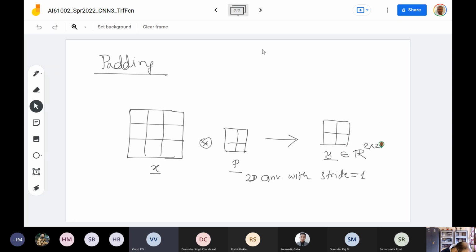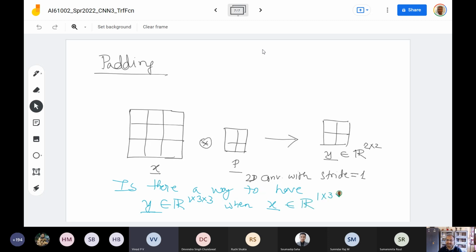Now, if I want, is there a way to have y belong to R to the power of 1 cross 3 cross 3 when x belongs to R power of 1 cross 3 cross 3?